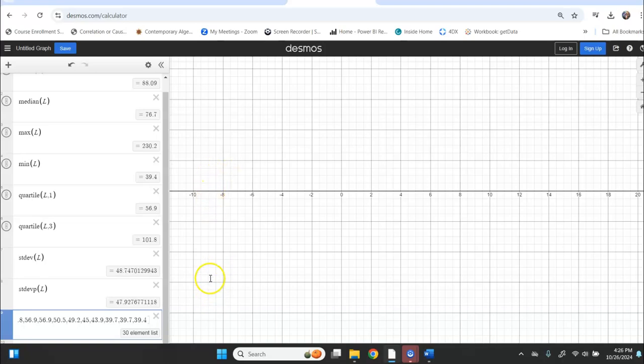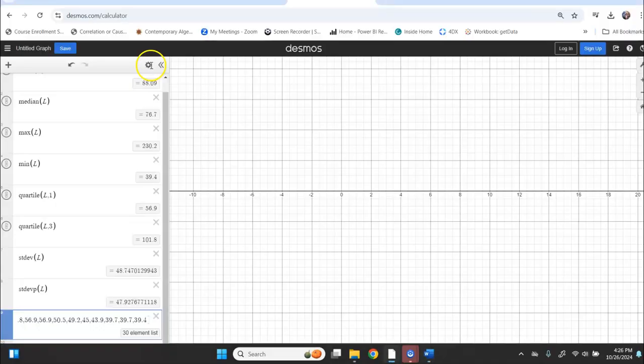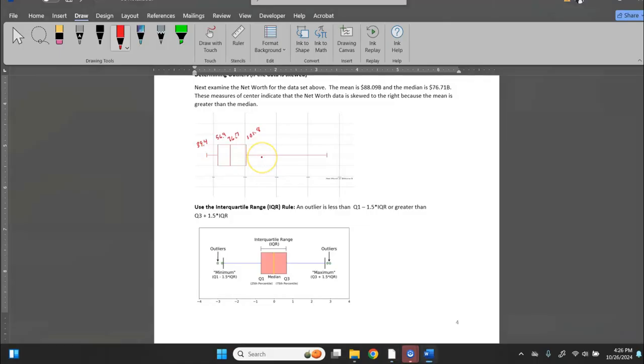Our third quartile is 101.8, and our maximum is 230.2.